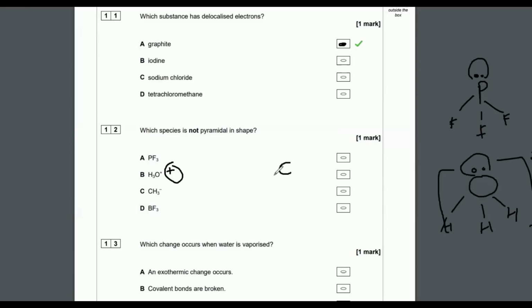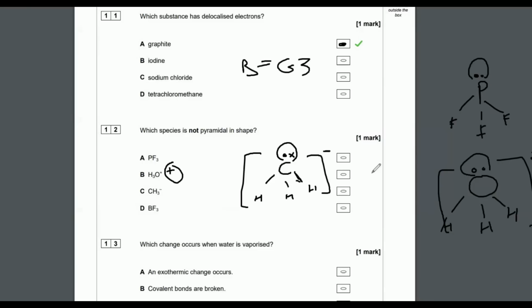Now let's look at CH3-. Carbon's in group 4, so it has 4 electrons. However, what does the minus mean? This means it has an extra electron, so it actually has 5 electrons in the outer shell. So the same as all the others, 3 bonded and a lone pair. It's pyramidal in shape. And then we look at boron. It's a group 3 element. I put G3 there, running out of room here.